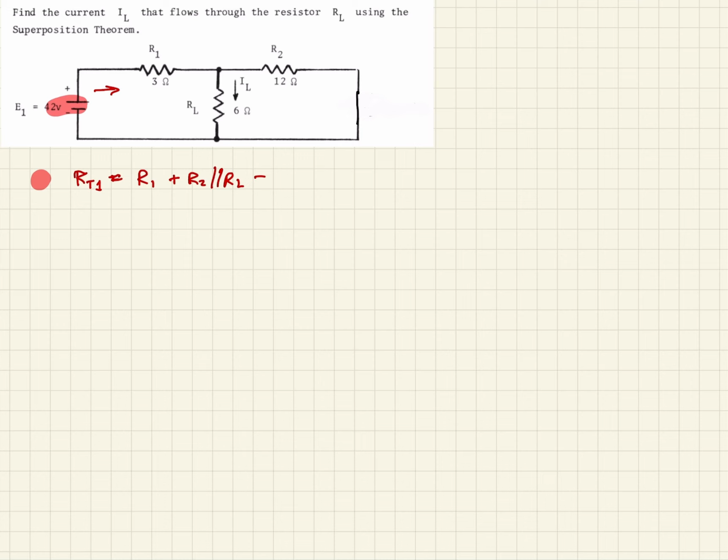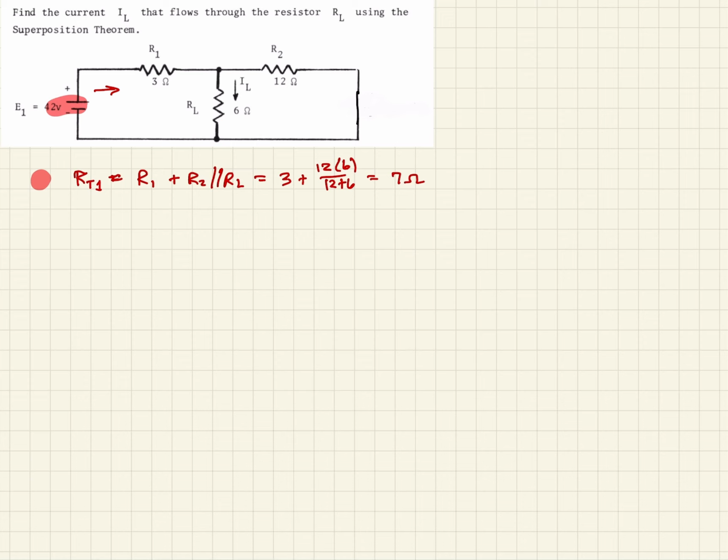And so if we plug the values in for that, that's going to be 3 plus 12 times 6 over 12 plus 6. And when we calculate all that out, we should get 7 ohms.